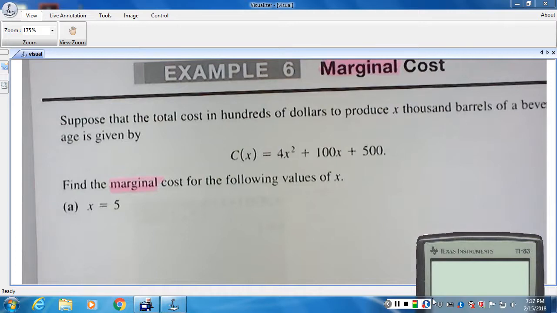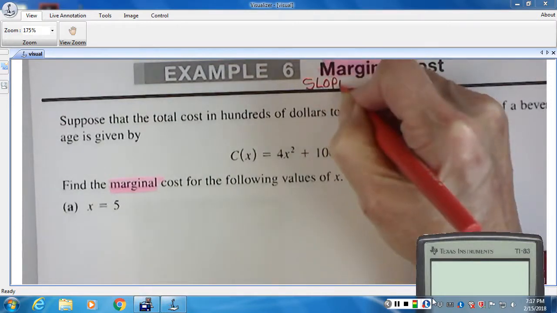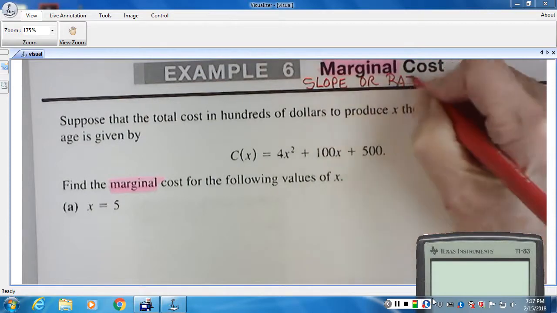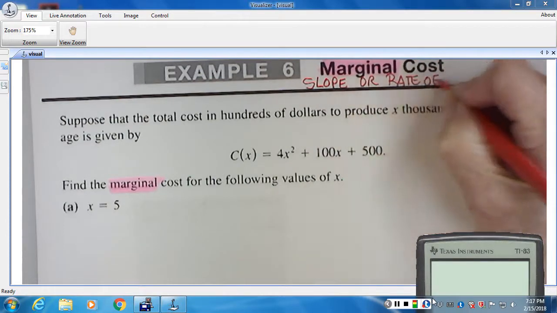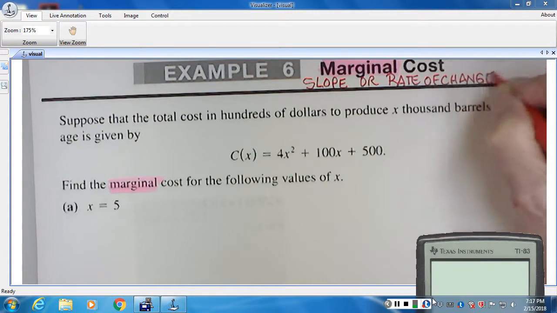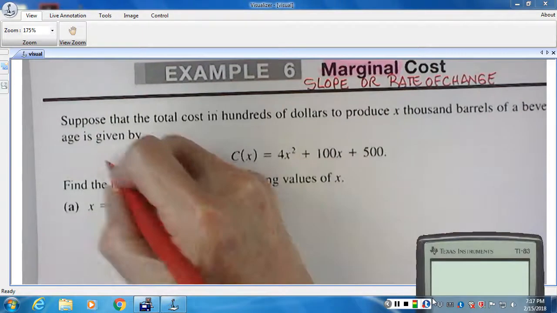Okay? And when we're talking about a slope or a rate of change, what we're talking about is a derivative.